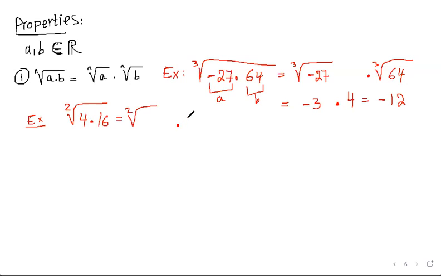Radical times radical. The first number is 4, the second number is 16. What is the square root of 4? 2. And the square root of 16? 4. The answer is 8.